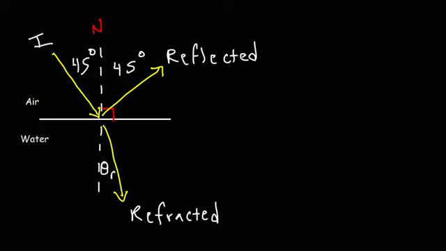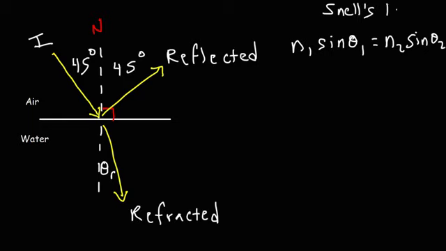And in order for us to calculate that, we need to use something called Snell's law, also known as the law of refraction. And it's n1 times sine theta 1, which is equal to n2 times sine theta 2. So that's Snell's law.